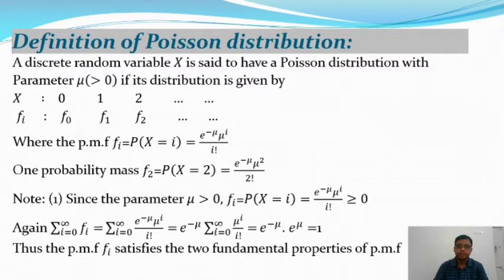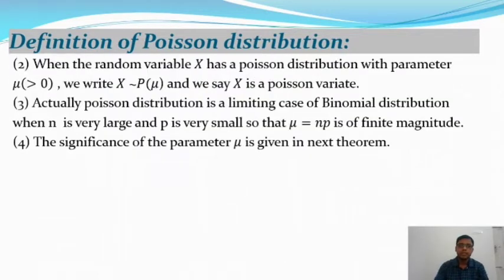Okay, so after that we will take the other properties of the Poisson distribution. When the random variable capital X has a Poisson distribution with parameter mu greater than 0, then we can write X equivalent to P of mu, and we say X is a Poisson variate in that case.